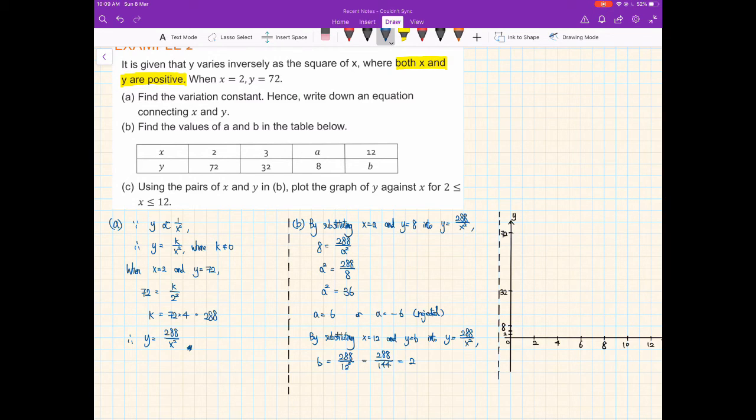So therefore, a is equal to 6 and b is equal to 2.